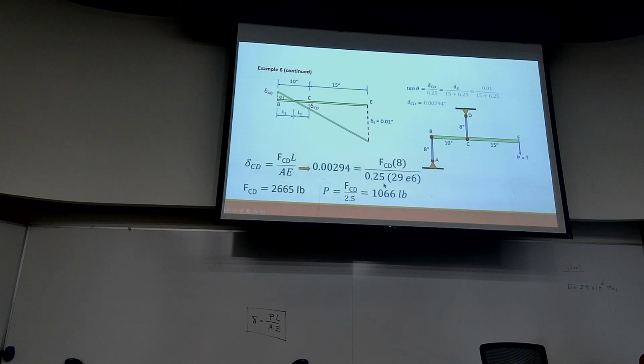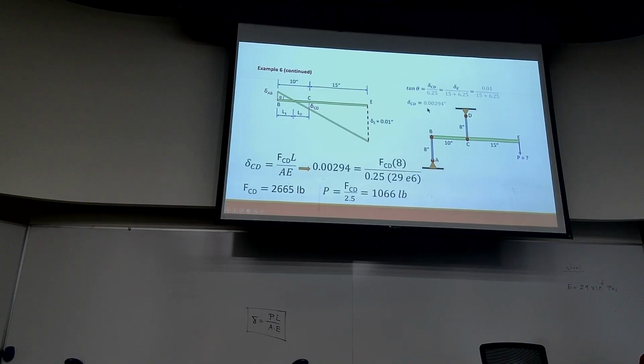That's shown here. And then if you look at this big triangle, tangent of the same angle theta, which is delta E divided by 15 plus L2, is also delta CD divided by L2, so that is shown here.